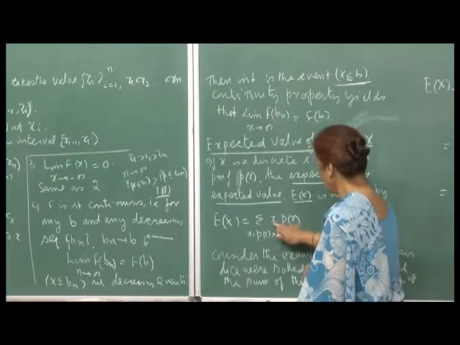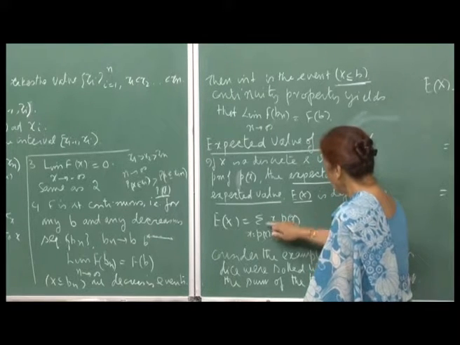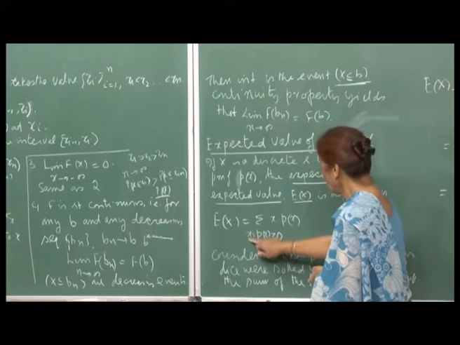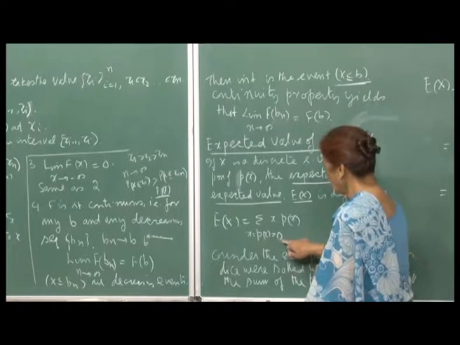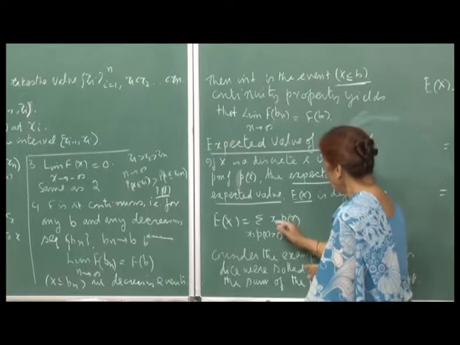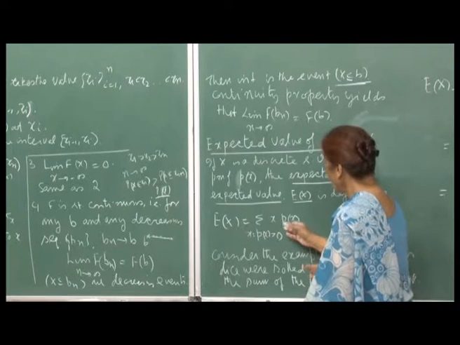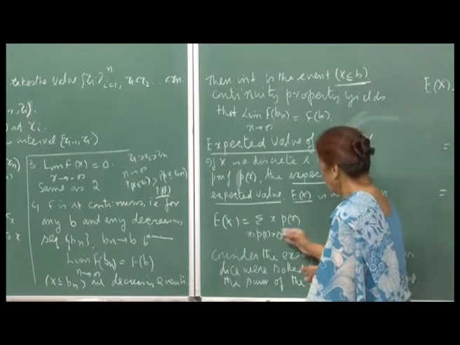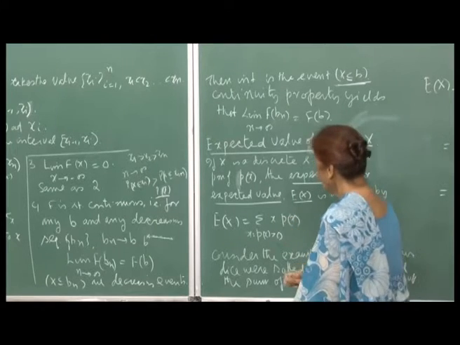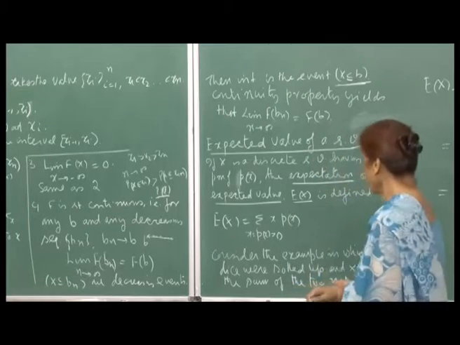That means you multiply x by its corresponding probability and then add up. This sum is over all x such that p(x) is positive, because if p(x) is 0, then the contribution will be 0. So, if you add up these values, we define this as the expected value of the random variable X.